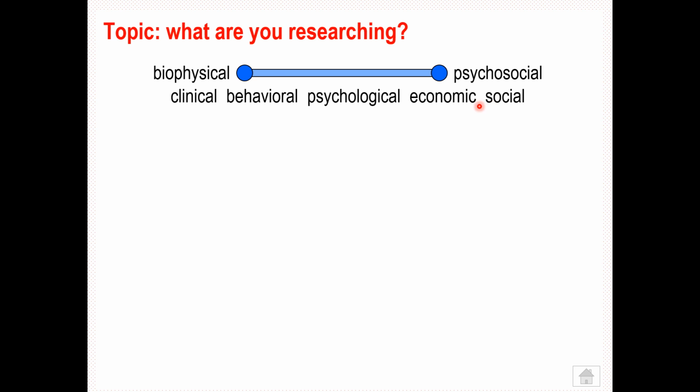These are the different fields where you can find your research topic. So we may take some examples of how you can select a proper topic within these fields. We can have a topic in between these fields, where we have clinical, behavioral, psychological, economic, and social.